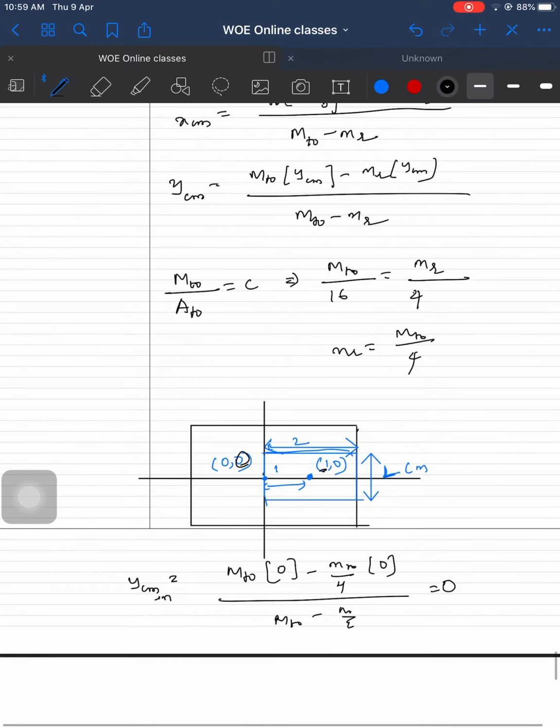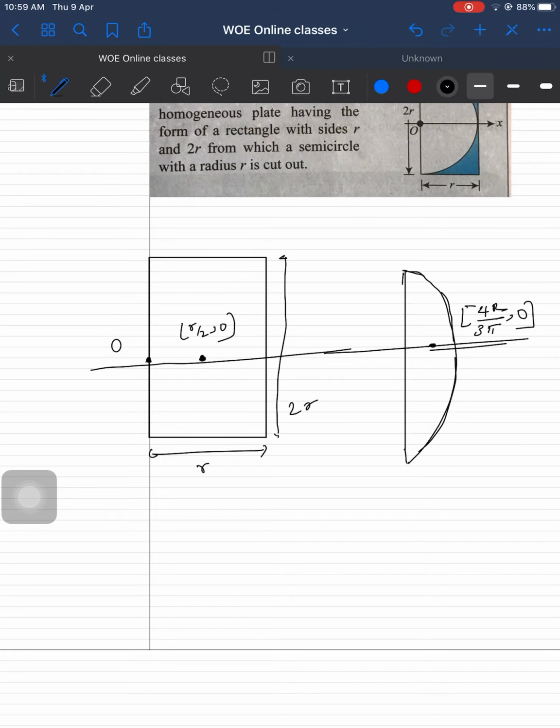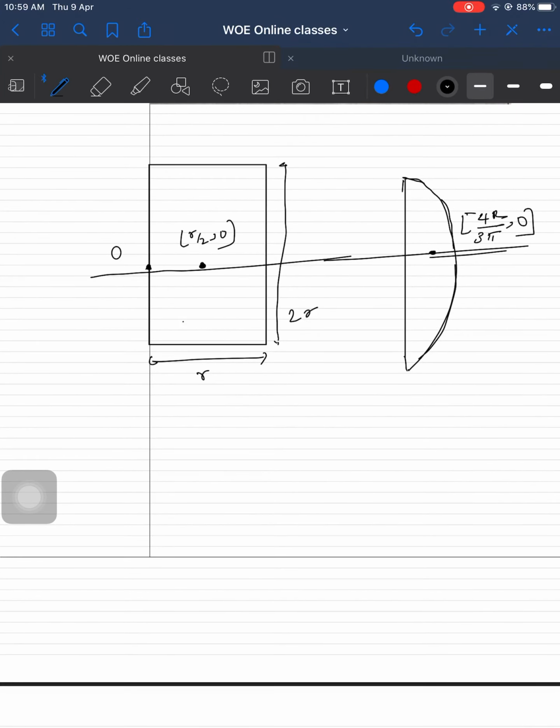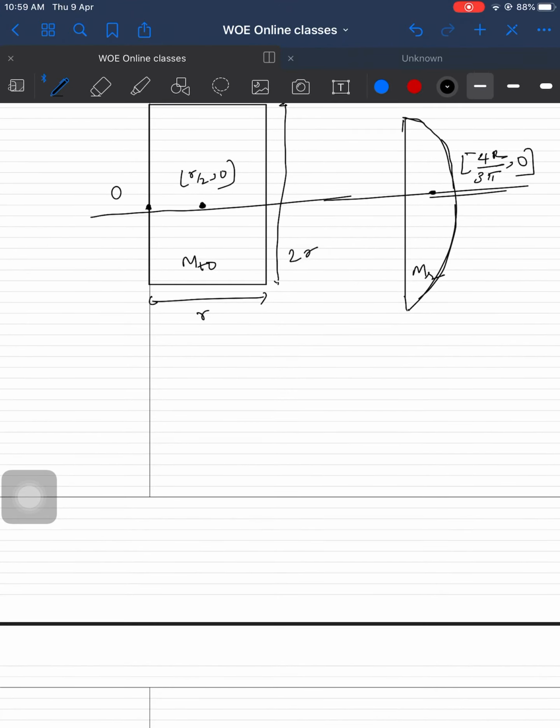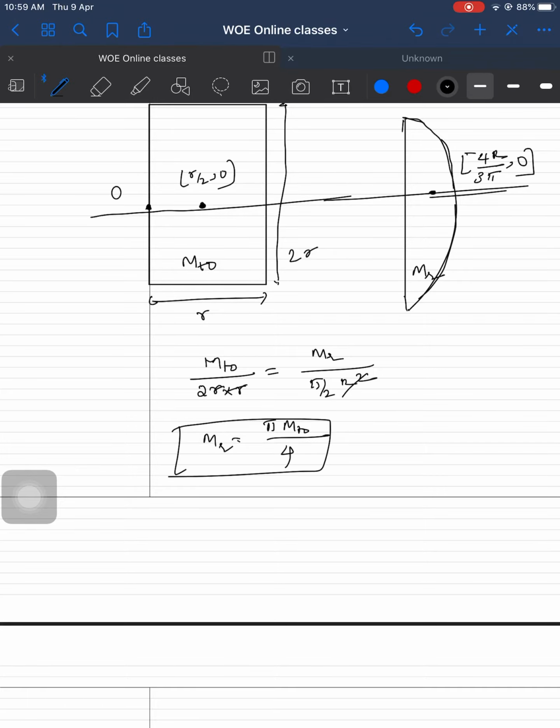Now this is total mass, and this is mass removed. We don't know the total mass and the mass removed, so we calculate. Mass by area: area is 2r into r, and mass removed by area pi by 2 into r square. R square gets cancelled, and mass removed is equal to pi into total mass by 4. Okay, this is mass removed.